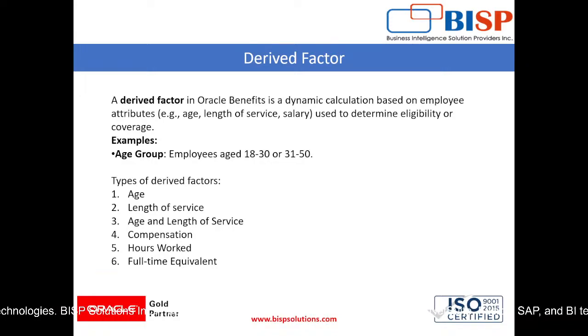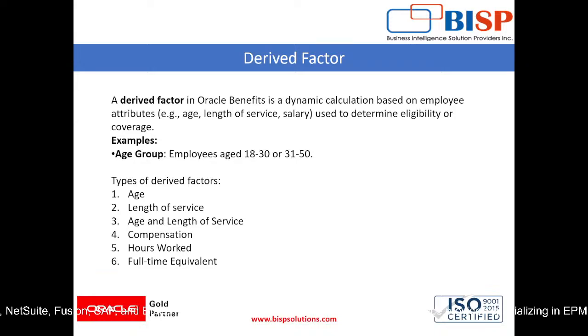So these kinds of factors you can define in the derived factors: length of service, compensation, hours worked, full-time equivalent. Let's say if you want FTE, full-time equivalent, greater than 0.5. Okay. Those people will only be eligible for that. So you can define that in derived factor.